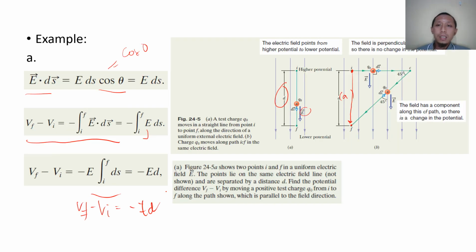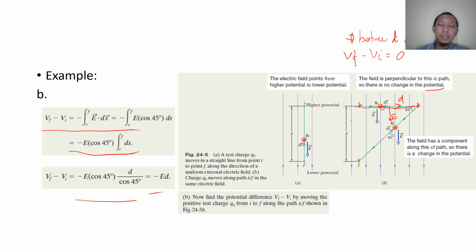The charge only moves from I to F. In the second question the particle moves from here to here, but for the final answer we only check the distance between I and F, the final to initial point. So we don't have to check the actual path of the charge.